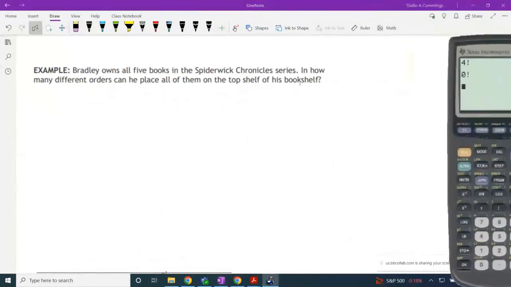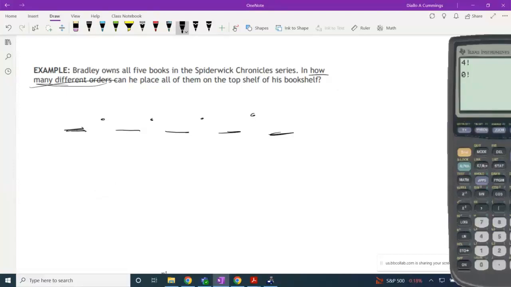All right. So based on what we just did, whenever we see this, how many different orders, we should do what? Use that fundamental counting principle. All right. So since we have 5 books, I'm going to map out 5 outcomes. 1, 2, 3, 4, 5. All right, because it wants to know how many different orders. Right.